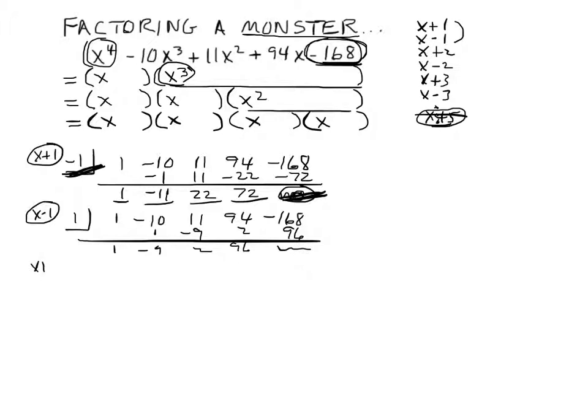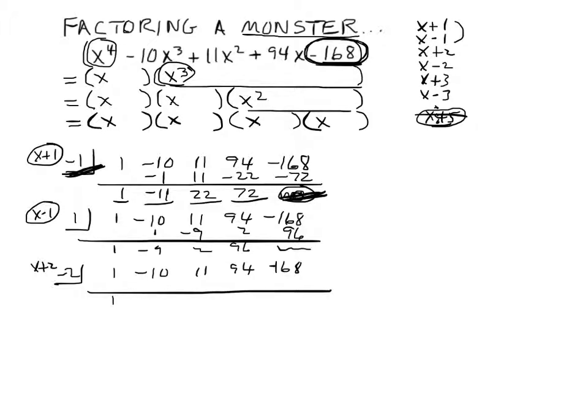Then we would try x plus 2, because 2 does go into 168 up here, so it's possible. That means I'd use a minus 2 in the divisor box. I'm going to tell you that this one won't work either. I was going to skip this part, but now I'm ending up doing it anyway.